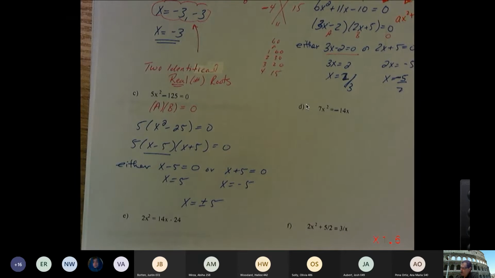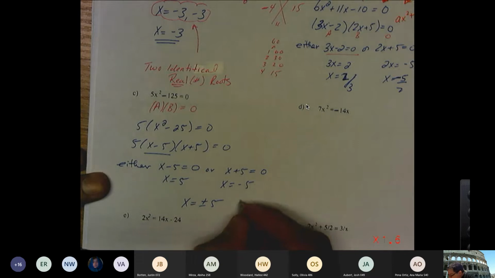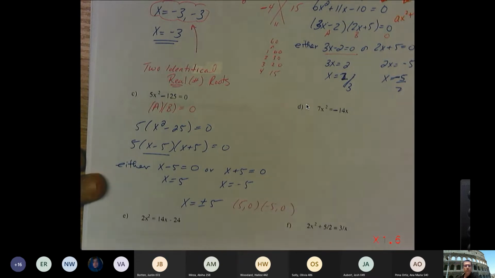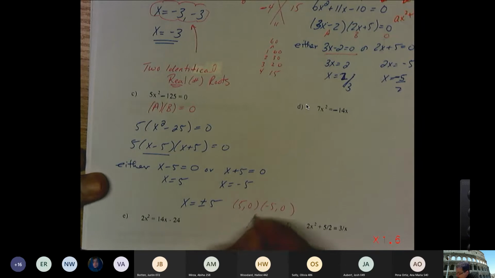Those are the roots. Those are the solutions. Now, if someone asked you for the intercepts, you would say it's (5, 0) and (negative 5, 0). Now remember, intercepts are points. These are the x-intercepts. These are the zeros, the roots, the solutions.